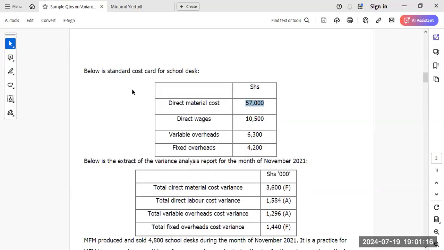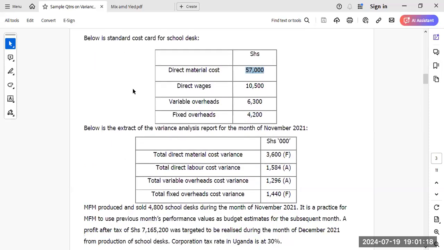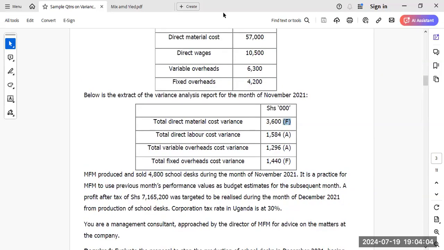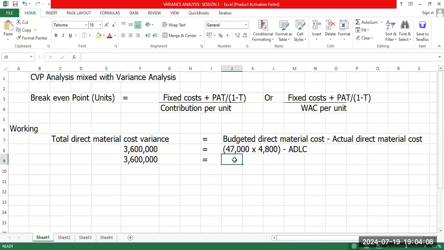Then I multiply by the number of school desks. You multiply, what do you get? 47 times, it's 225,600,000.